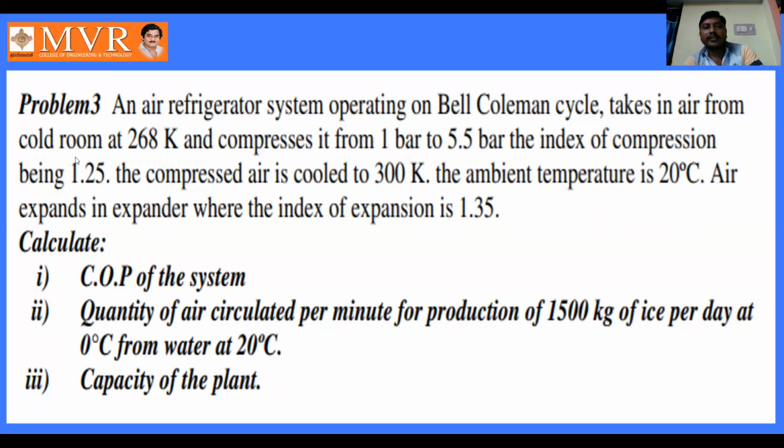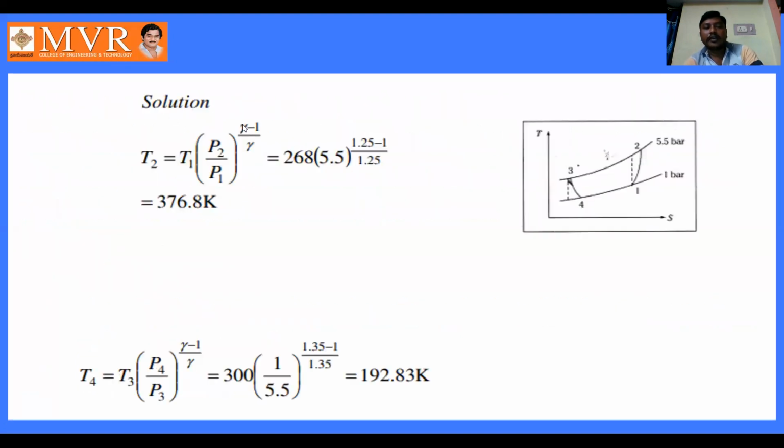For compression, the gamma value should be taken as 1.25. Hence, I am taking gamma as 1.25, and gamma minus 1 by gamma. Hence, we got T2 is equal to 376.8 Kelvin.